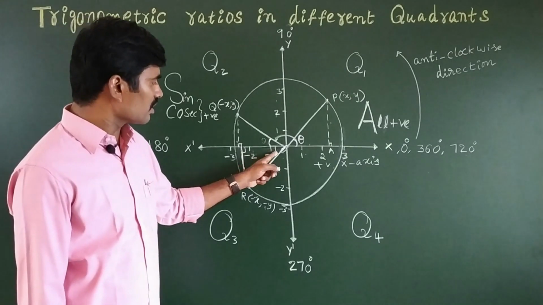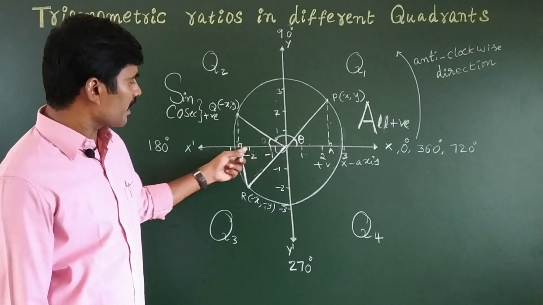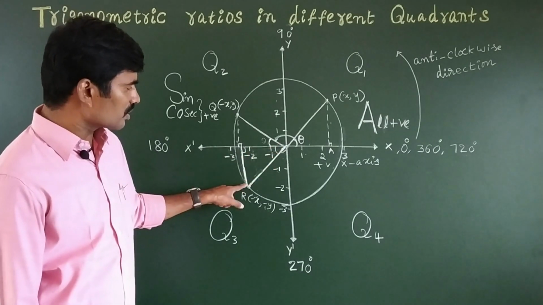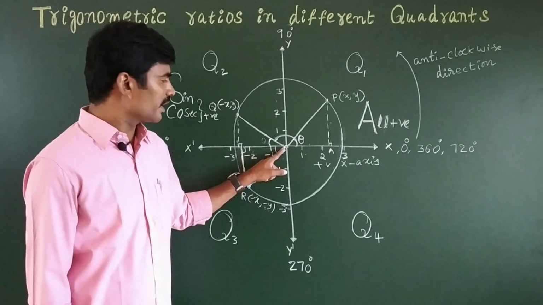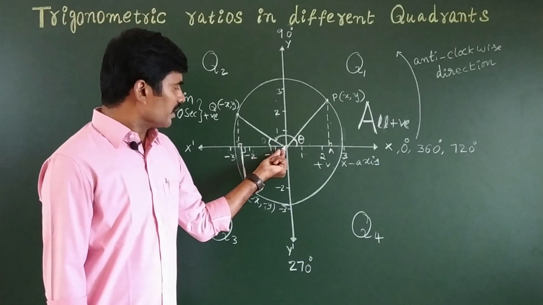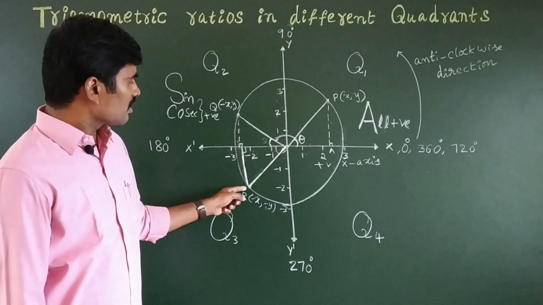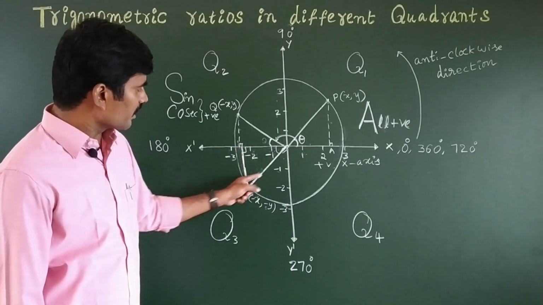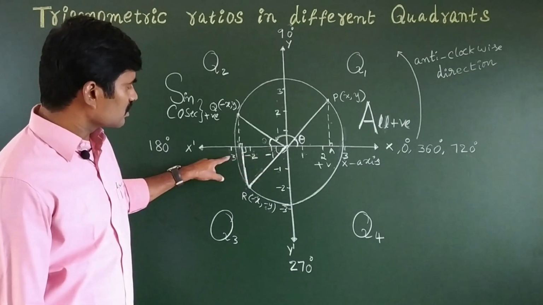And cos theta. Cos theta means adjacent side by hypotenuse. The adjacent side is negative and the hypotenuse is positive. So cos theta is negative. Tan theta means opposite side by adjacent side. The opposite side is negative and the adjacent side is also negative.